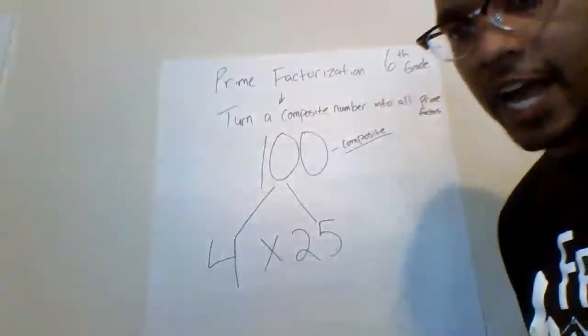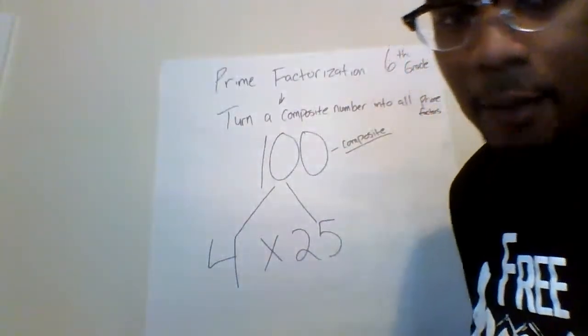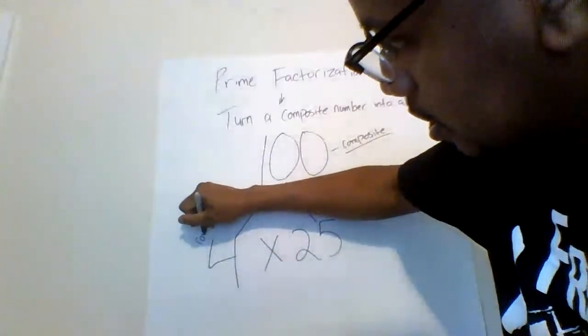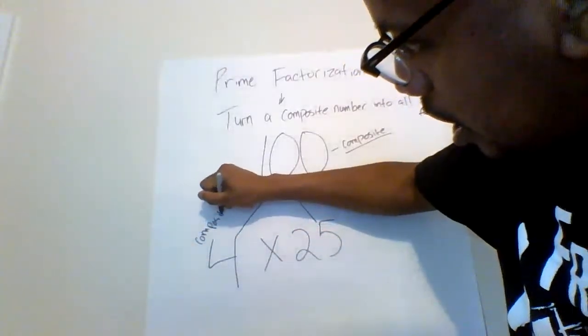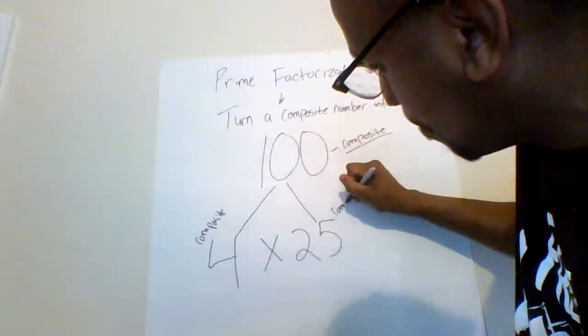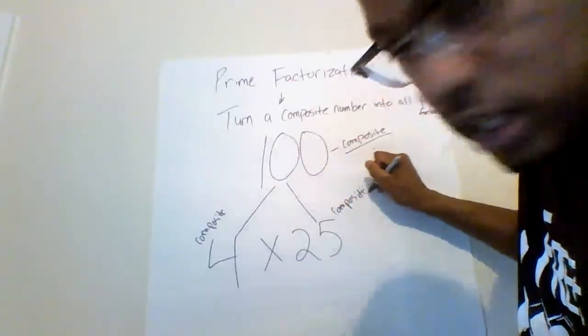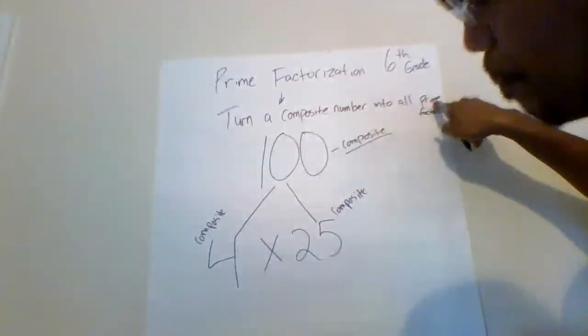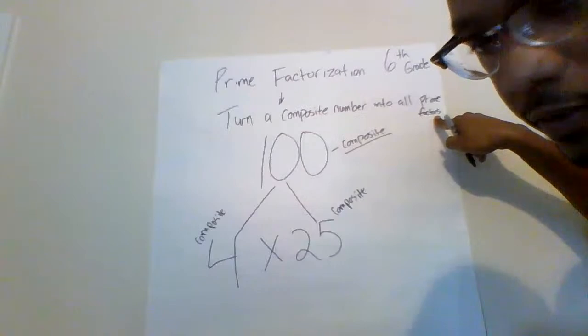Right? Now, I'm not done yet because 4 is composite and 25 is also composite. The goal is to turn this composite number 100 into all prime factors.